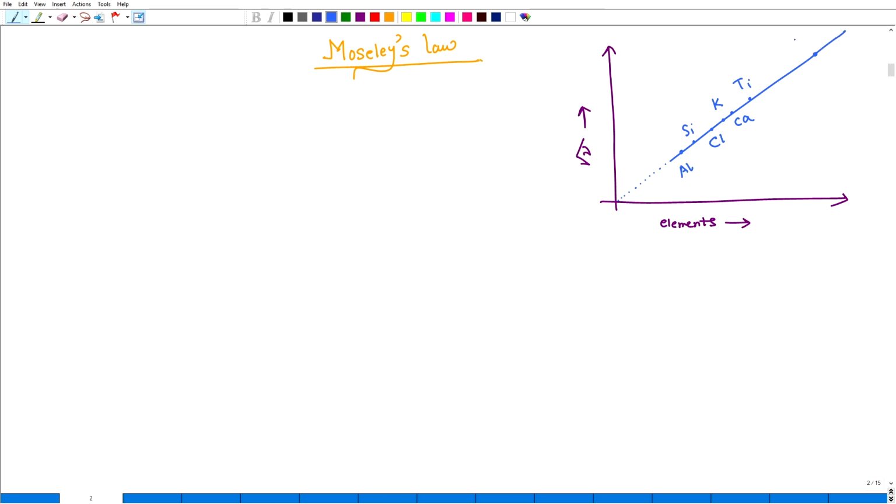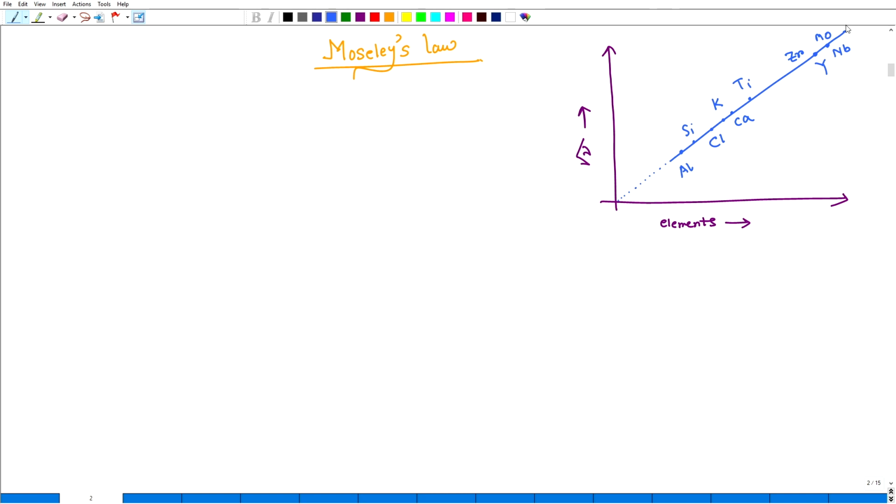And here we can see these are actually lanthanides, molybdenum, neodymium, these things are there, rubidium. So this was the result of Moseley. You can see there is a straight line he obtained.